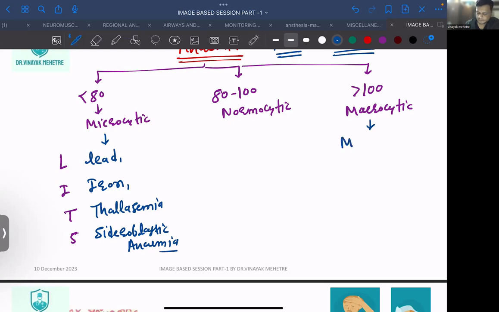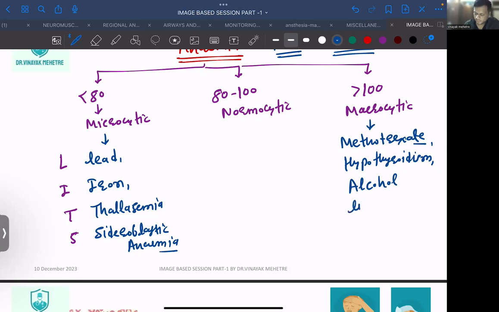Yes, it is methotrexate. Hypothyroidism. Alcohol, right?